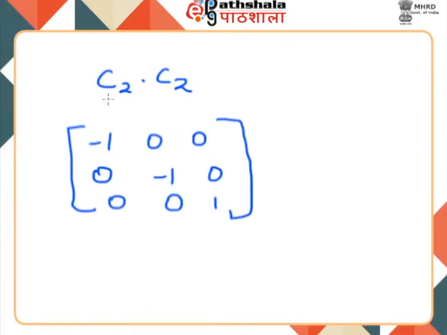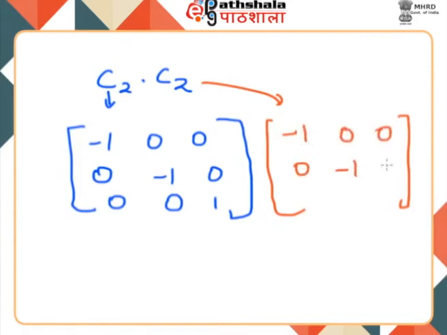So let us take this C2, and to differentiate, let me take this C2 with this color red. So we have again the same, minus 1, 0, 0, 0, minus 1, 0 and 0, 0, 1. So both 3 by 3 matrices. And now if you look at the product, which we'll get, you'll have this minus 1 and minus 1, so this is going to give you 1. 0 into 0 is giving you 0.